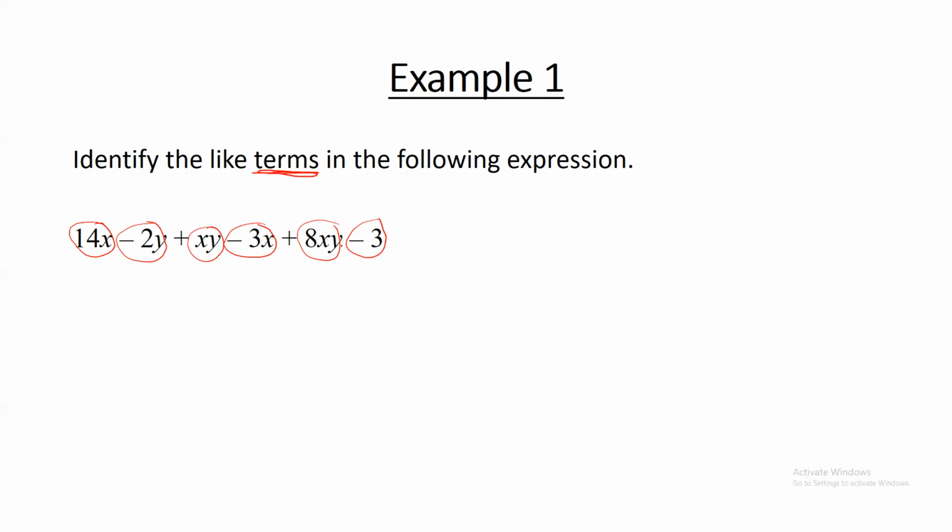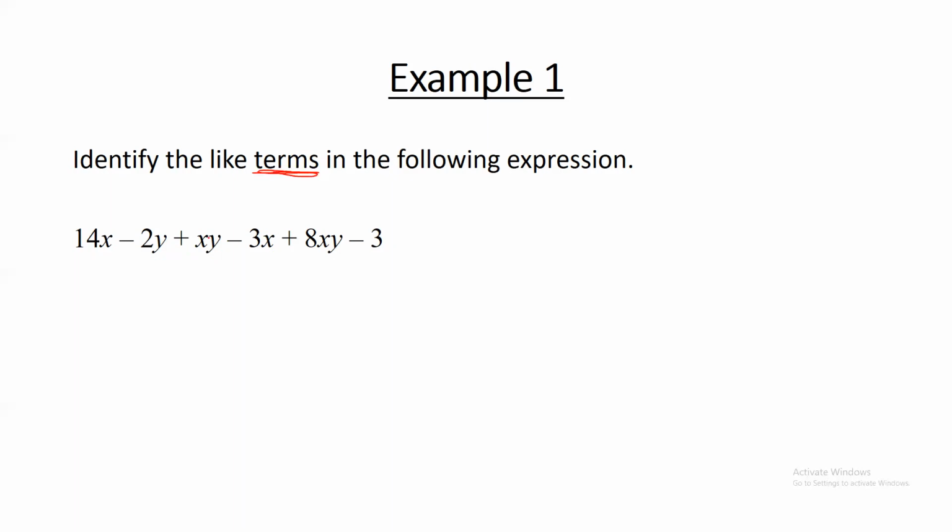Notice the sign gets attached to the term. So if you are adding an xy, that's a positive xy. If you were subtracting a 2y, the term is negative 2y. So all of these guys are terms, and what we want is to identify which of these terms are like terms. In other words, which of these terms have the same letter part.